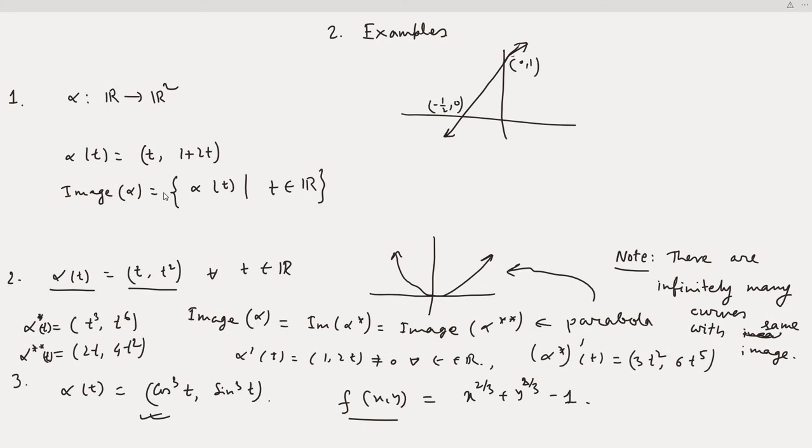This is also a differentiable curve, but at t equal to 0, alpha star has derivative 0. Such a parameterization we call a bad parameterization.